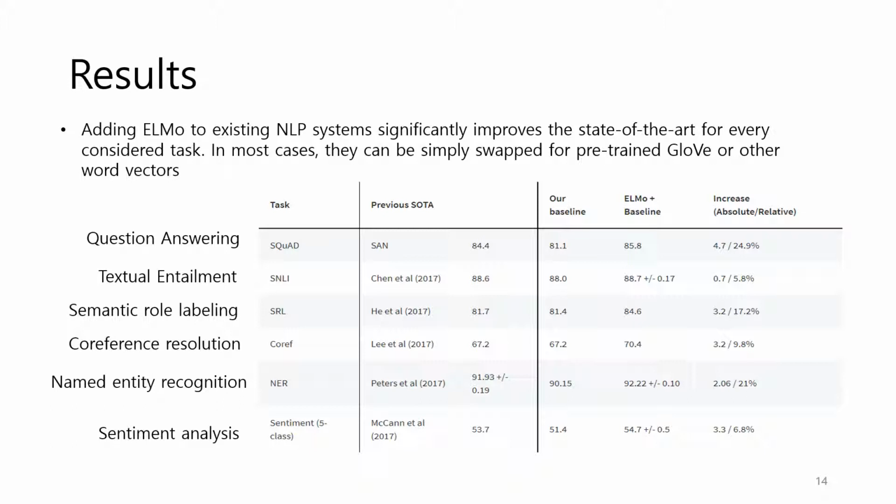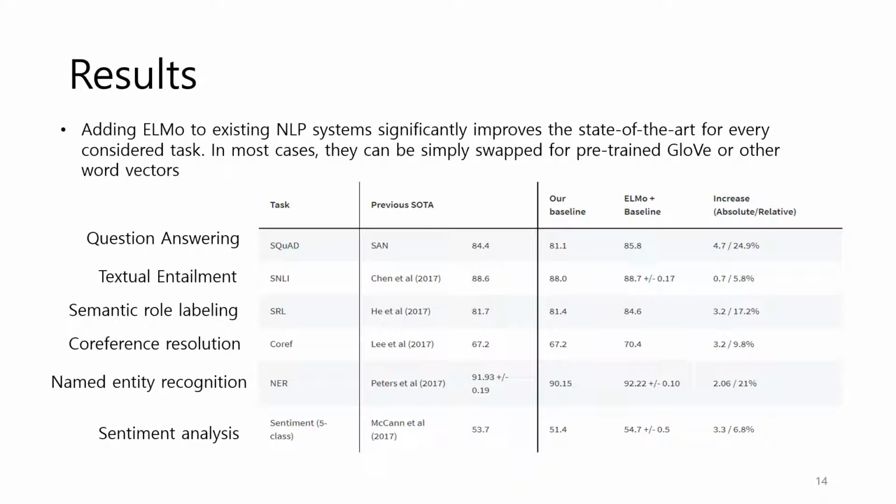As shown in the table, ELMo enhanced bi-directional LSTM conditional random field achieves 92.22% F1, averaged over 5 runs.